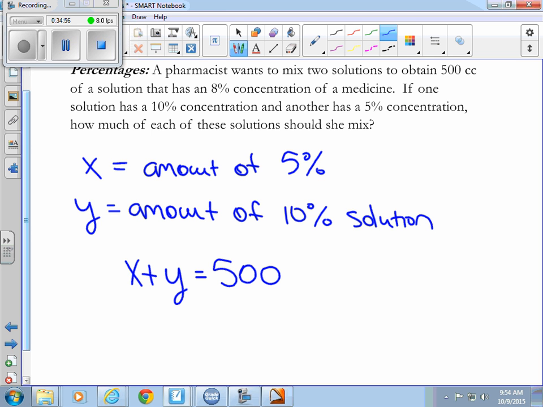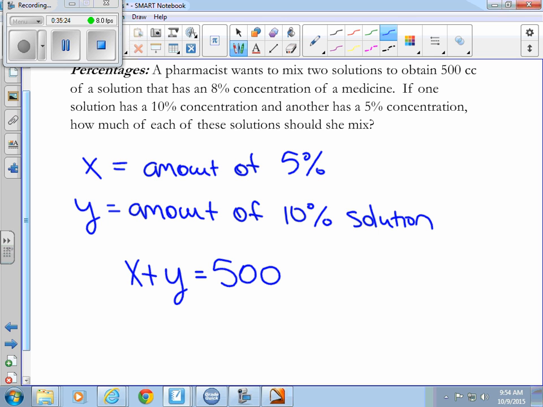But we want an 8% solution, right? So, if it's alcohol, what does it say what it is? It's medicine. If you want a certain percentage of the medicine in that solution, so part of it's probably water, maybe it's for a kid, so it's got some bubblegum flavoring in it, who knows. So, the solution is more than just medicine.